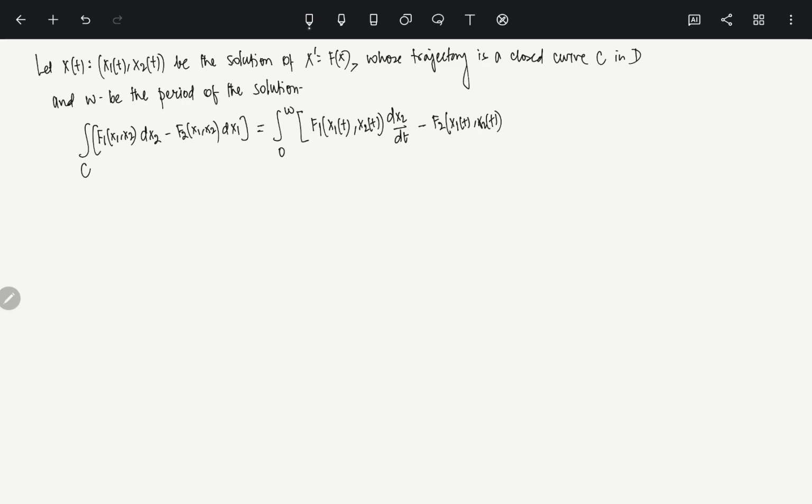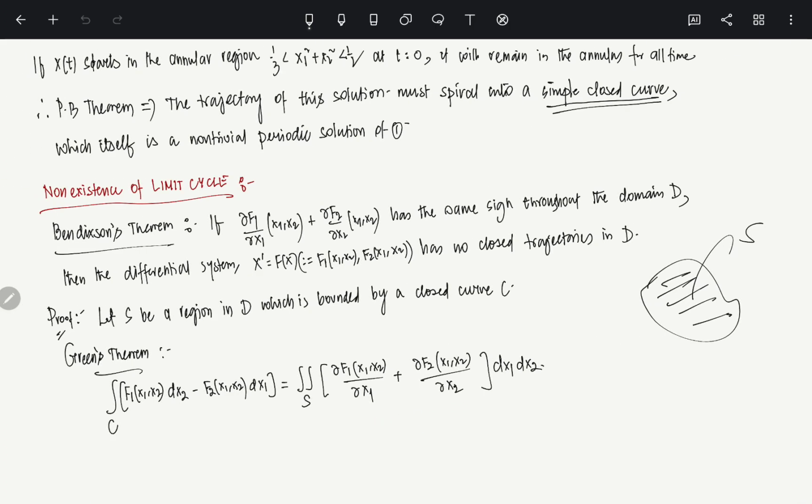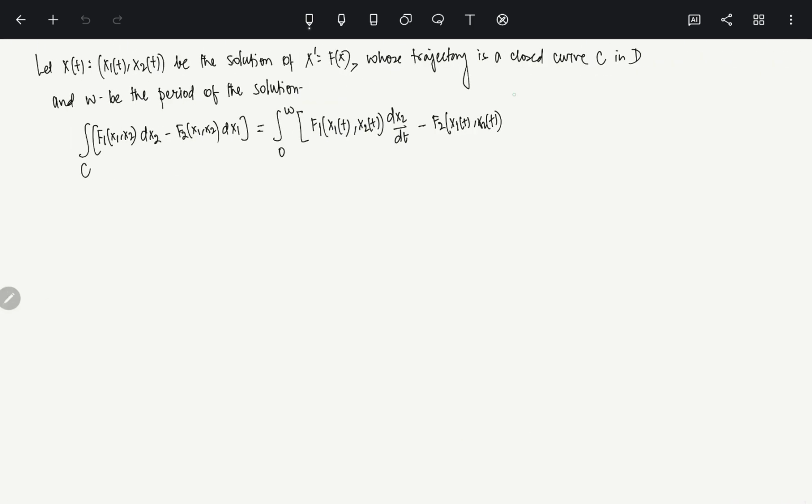I am not doing anything, I am just writing this part. This double integral I am just evaluating and writing it here. If we just evaluate it, that's what we are going to get, and this is 0, right? This is 0.